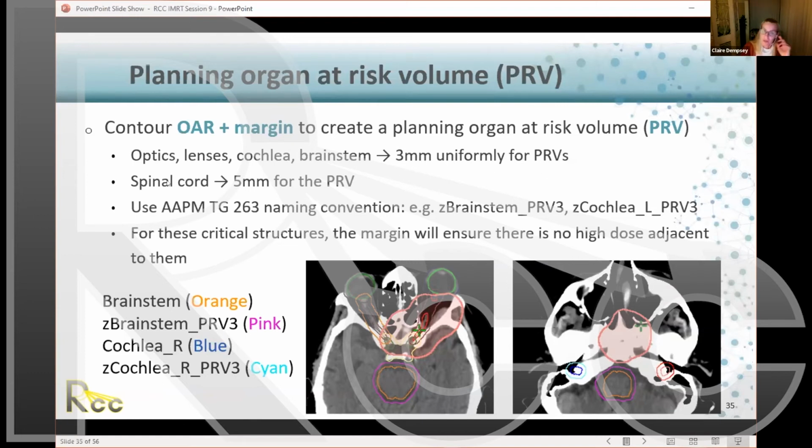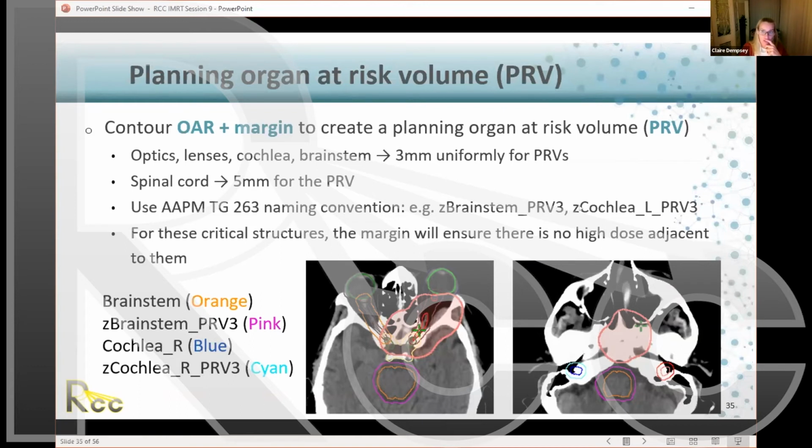For the spinal cord, we tend to use a 5 millimeter margin for the PRV because it's a little bit more, I guess, important. And then there's actually a naming convention within the TG263 report that talks about how to name the PRVs. So if we were doing, for example, the brainstem, it would be Z because it's an optimization structure, brainstem, and PRV with a 3, indicating it's a 3 millimeter margin.